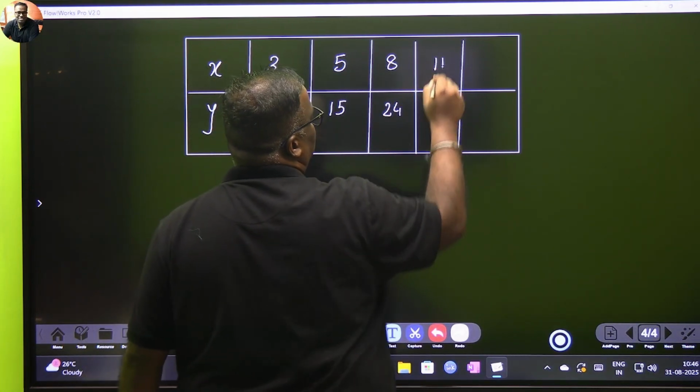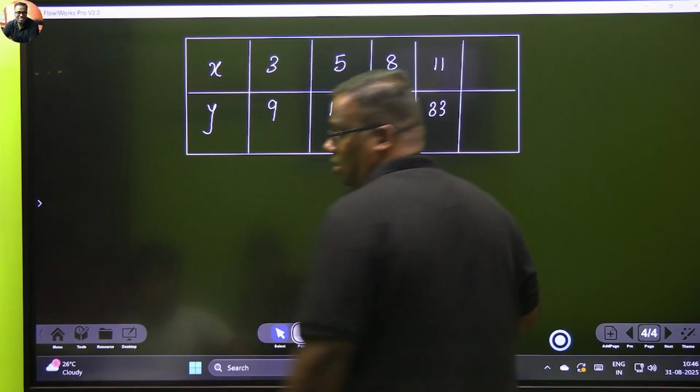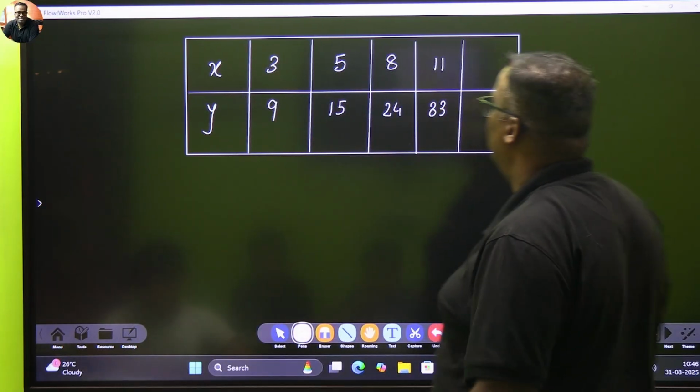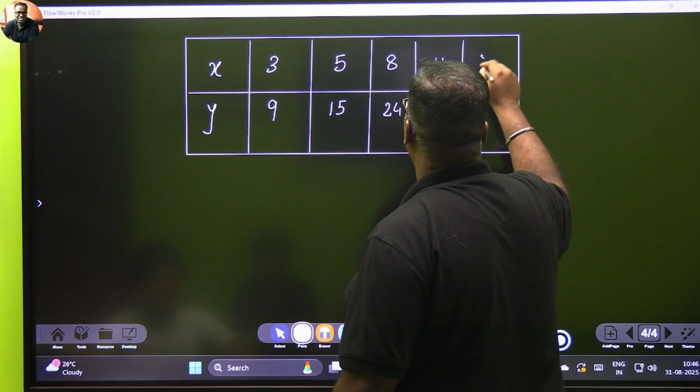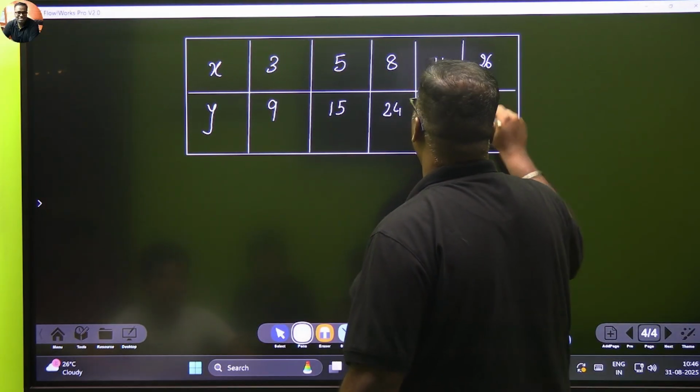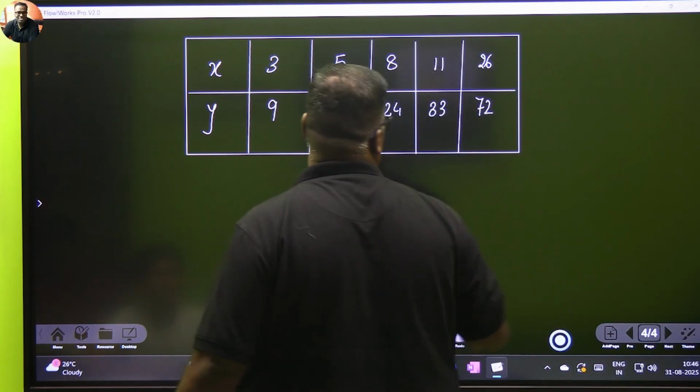But then what is the question they have asked? Whether x and y are proportional. Okay, and then next one is 11 by 33, and 26 by 78.